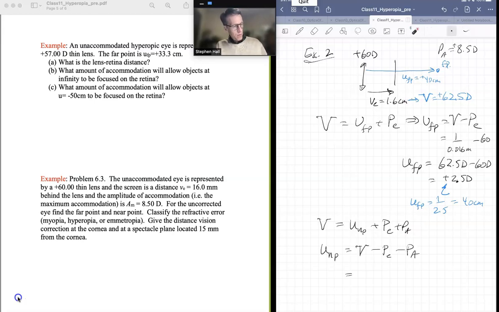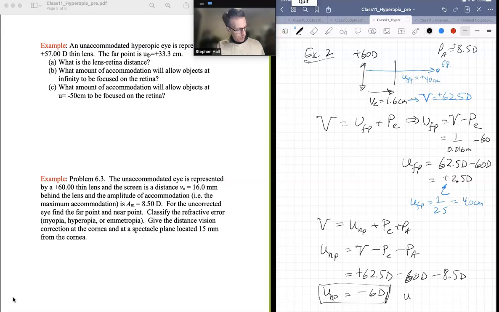Our image divergence, as we had from before, is plus 62.5 diopters, and then we subtract the power of the eye, and then we also subtract our accommodated power, which was this 8.5 diopters. And that is minus 6 diopters.